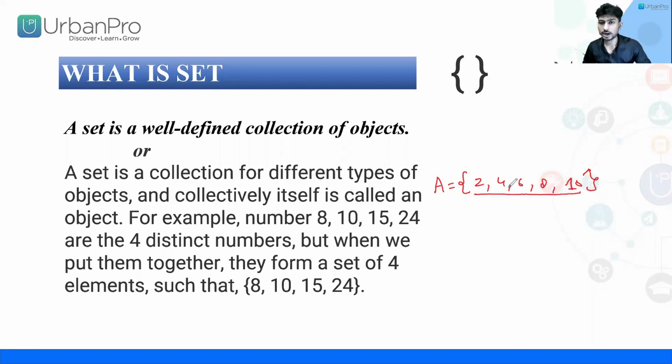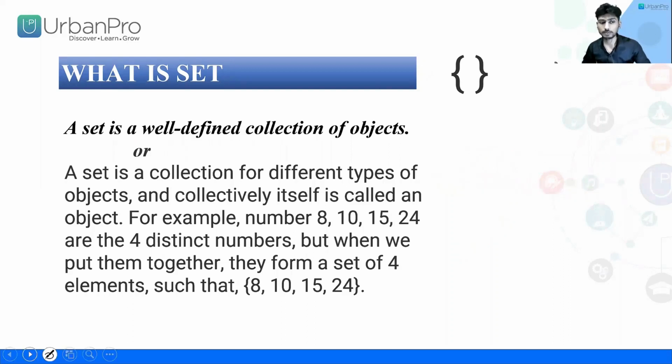So I have a certain criteria here: it should be a multiple of 2, it should be divisible by 2, it is an even number. You can't put 3 here because 3 will not come. Each element has the same criteria: it is a multiple of 2, divisible by 2, an even number. Now you see the criteria is not changing from element to element. This is the meaning of well defined.